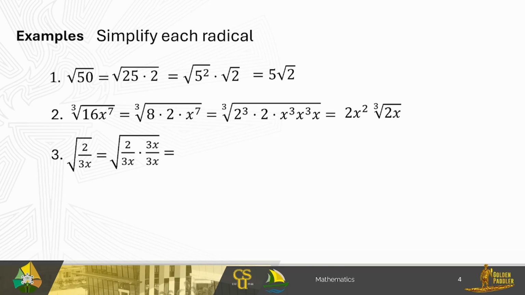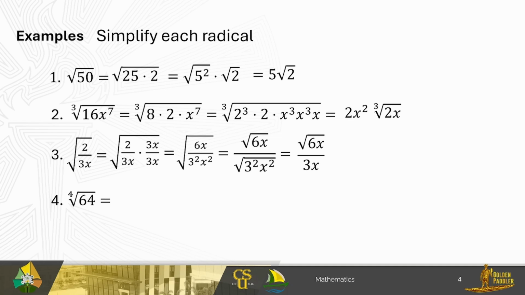So the appropriate form of 1 is 3x over 3x, which makes the denominator the square root of 3 squared x squared. So the radical in the denominator is now a perfect square, 3 and x. So the final answer is the square root of 6x over 3x.